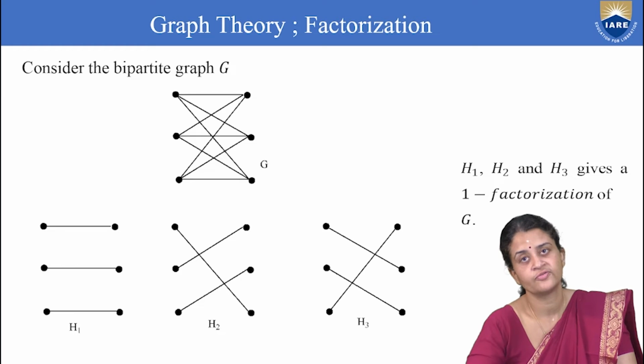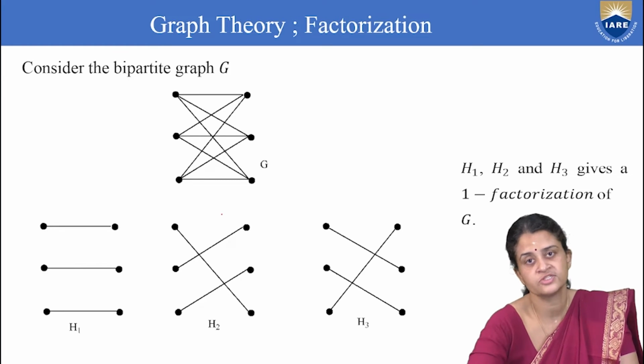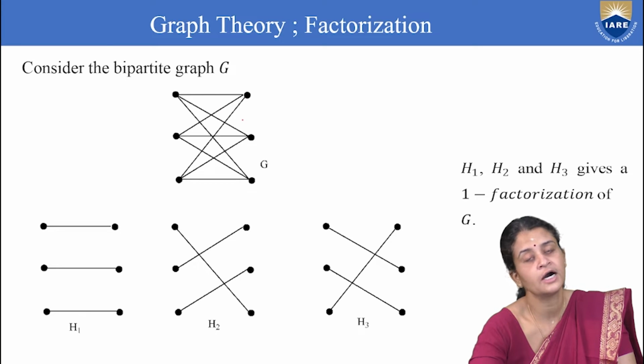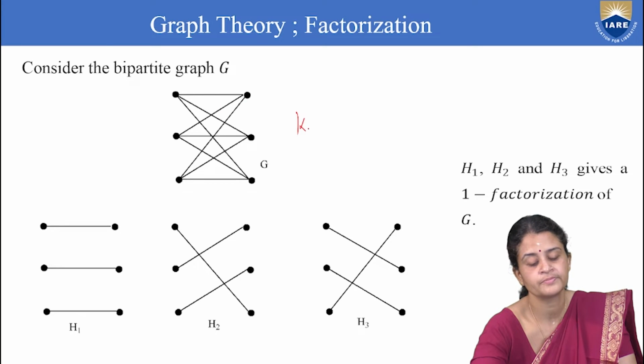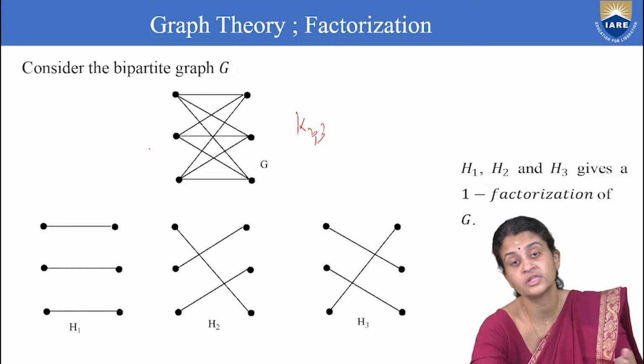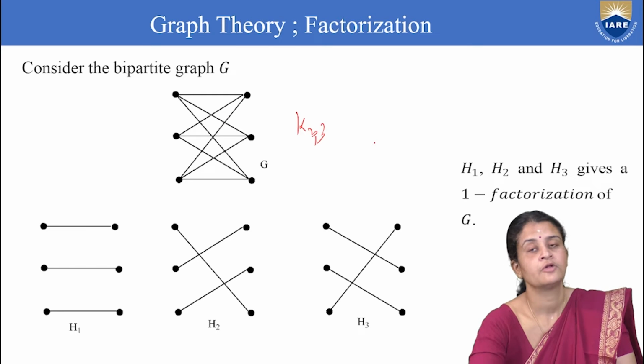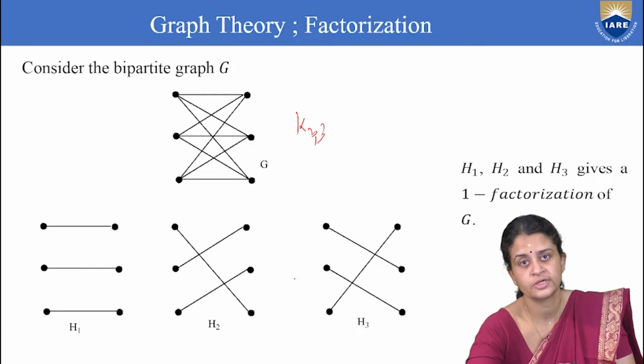Now consider this graph, which is a bipartite graph. Here we can see that we have 6 vertices, and this is K3,3, right? Because every vertex in the first partition is adjacent to every one of the 3 vertices in the second partition. So it is K3,3. And we can find H1, H2, H3.